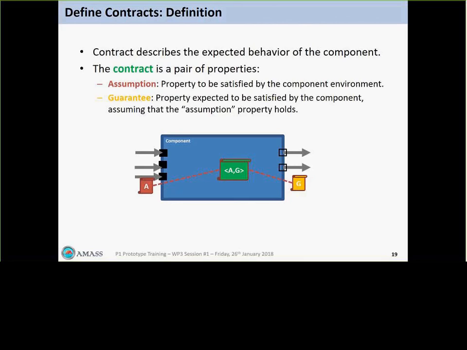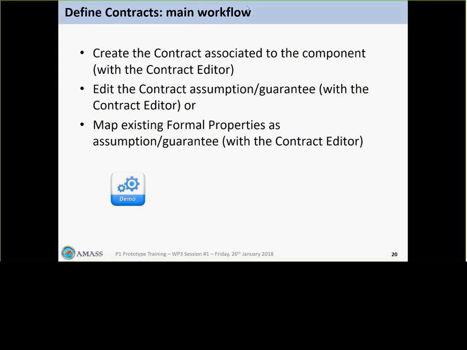We have an assumption that describes the expected behavior of the environment, and another property that is the guarantee, which describes the expected behavior of the component, assuming that the assumption property holds. So this is basically the concept of contract.